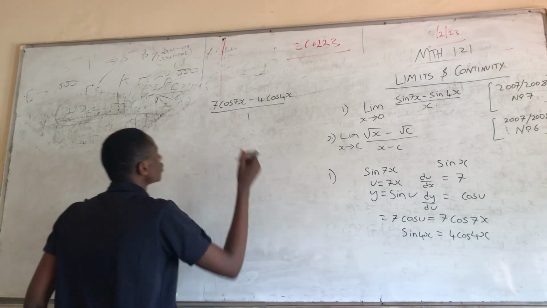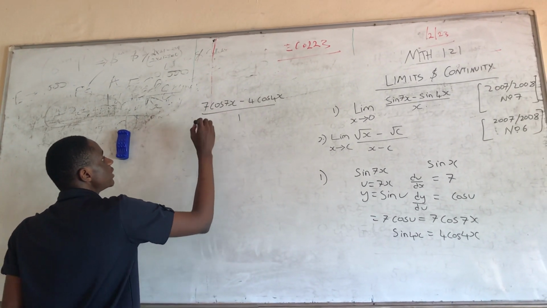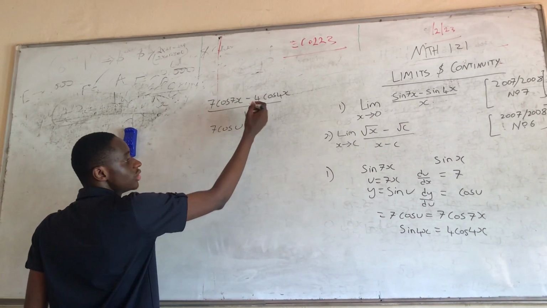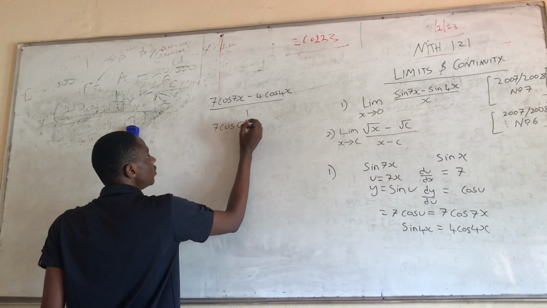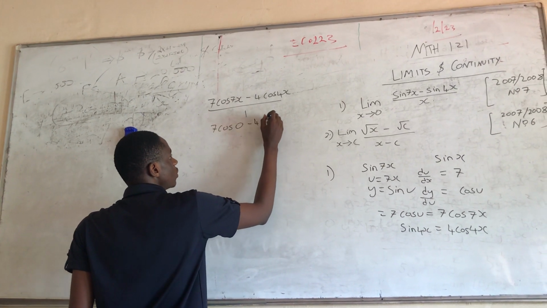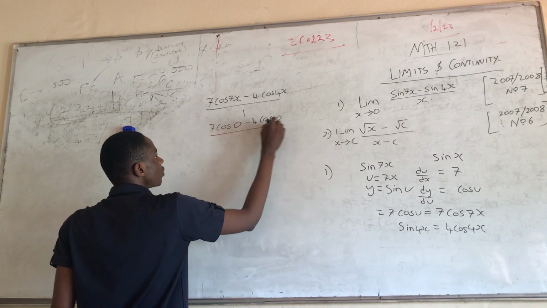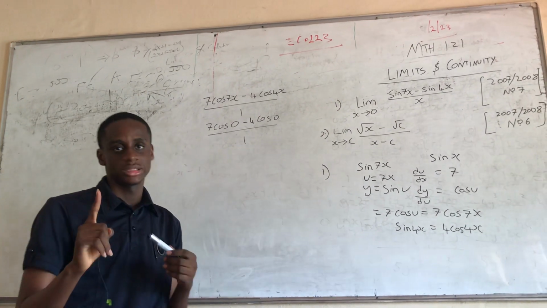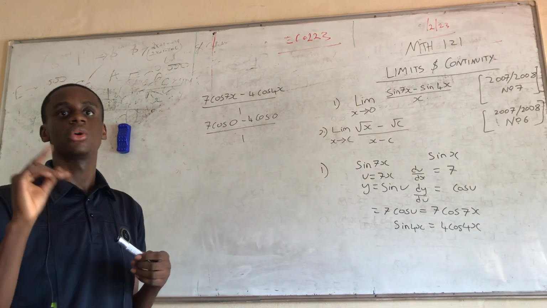Substituting 0, it becomes 7 cos 0, because 7 times 0 is 0, minus 4 cos 0, all over 1. Now you have to know that sin 0 is 0 and cos 0 is 1.